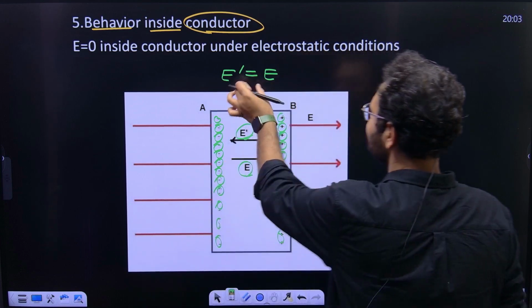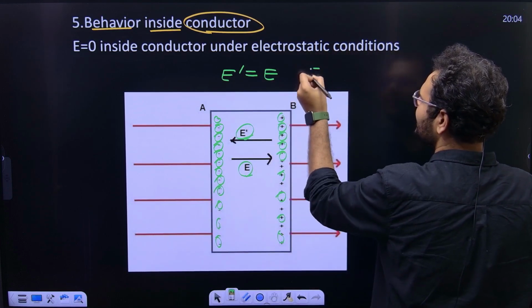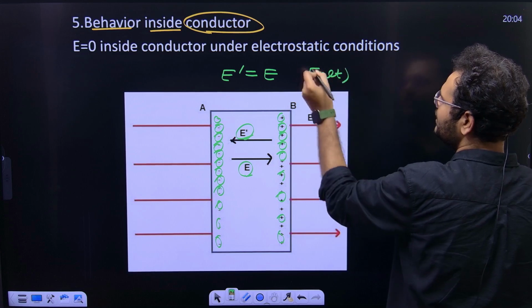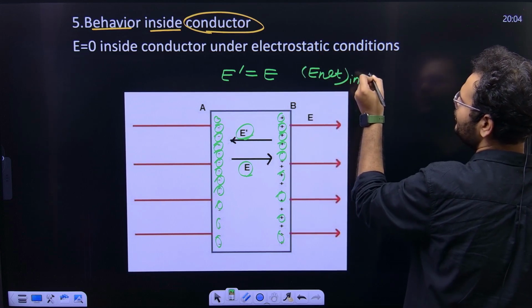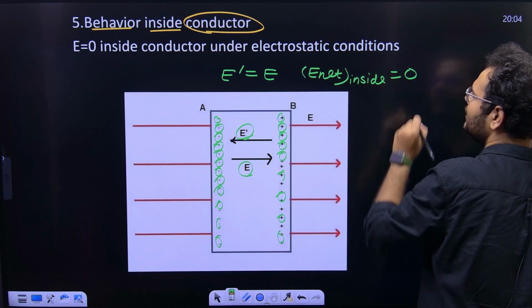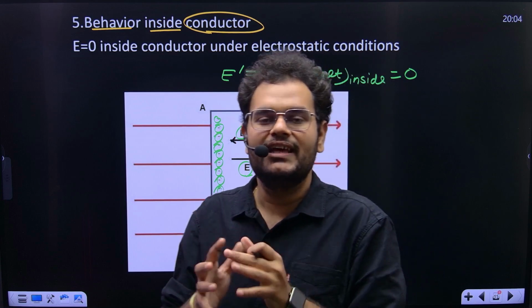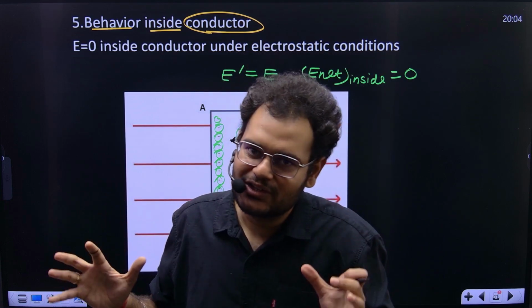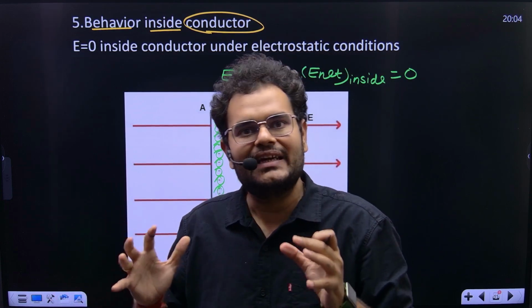Because when E dash is equal to E, at that time E net inside, I am talking about inside, is 0. If it is 0, then there will be no further movement of electrons, and the electrostatic condition is reached.